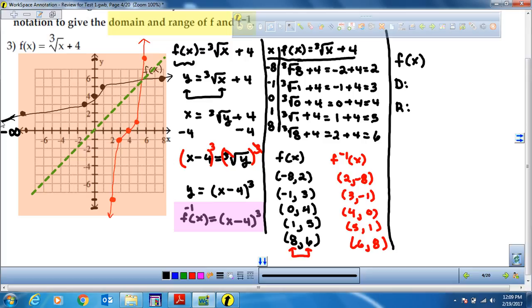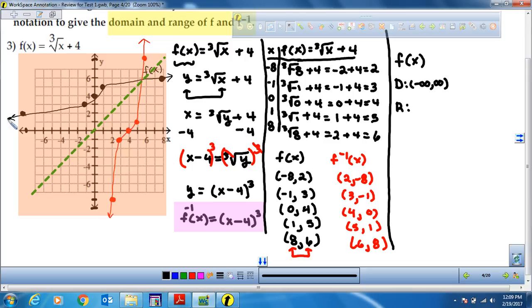It includes every negative value of x in its graph. But this one also keeps on going all the way to the right side, so it is going to include every value all the way to the right side. So then the domain is any number from negative infinity to positive infinity. It includes every value of x in its graph. So we're going to say from negative infinity all the way to positive infinity.